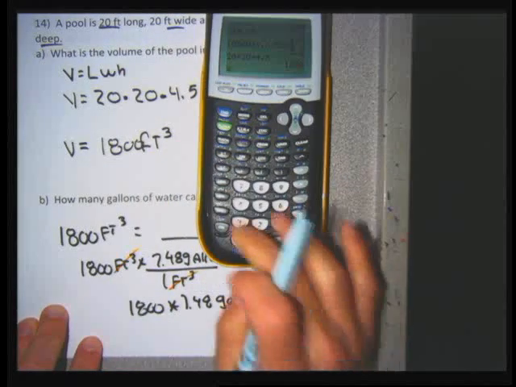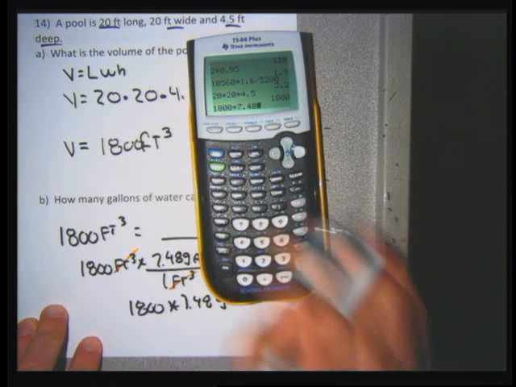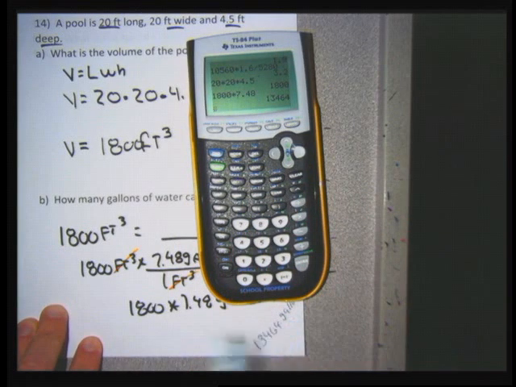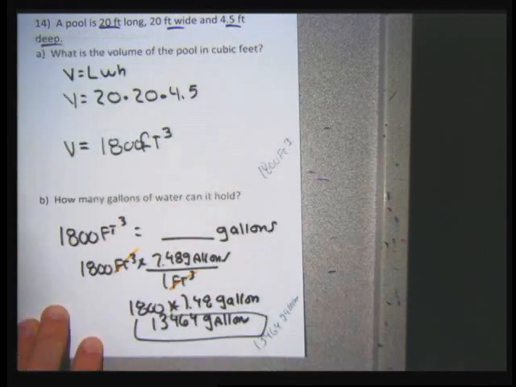So 1,800 times 7.48, and I get 13,464 gallons for that pool. So that would be the answer to 14B.